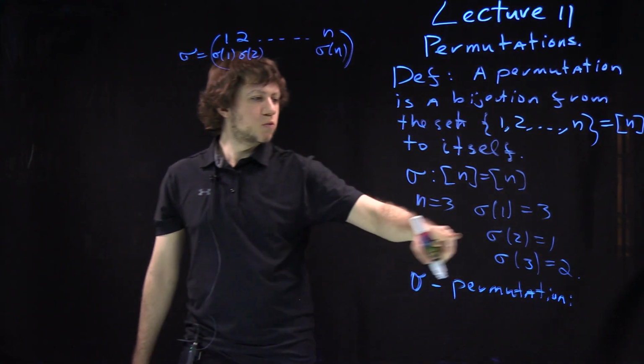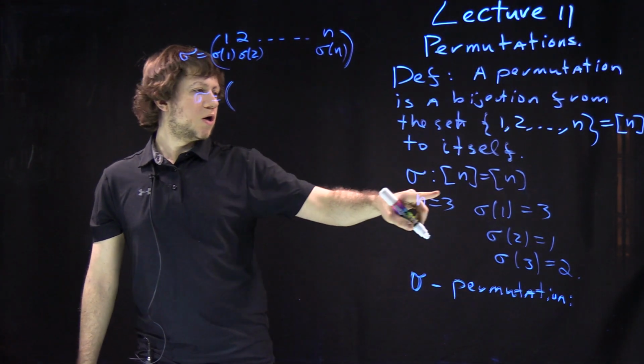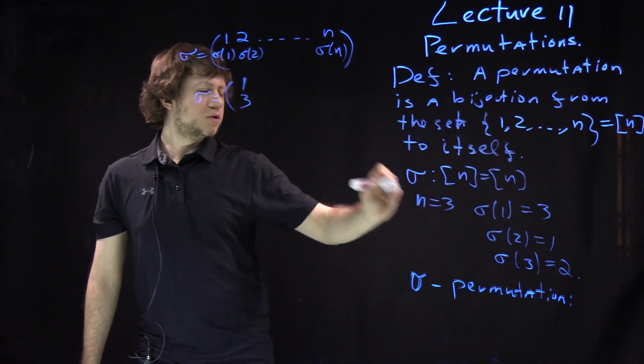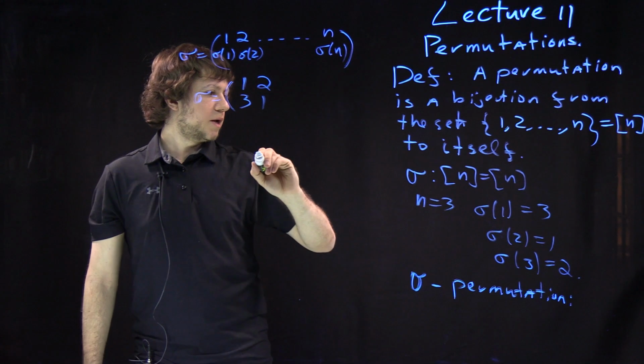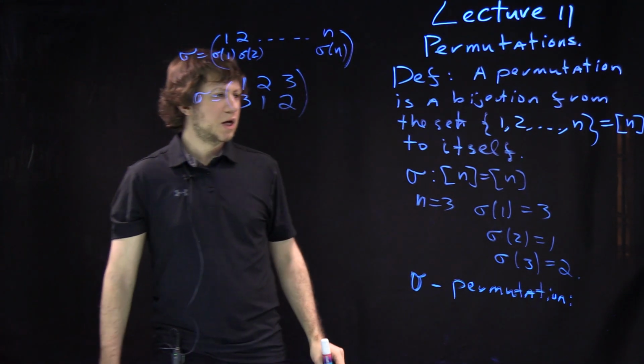So for instance, this one was just sigma equals 1 goes to 3, 2 goes to 1, and 3 goes to 2. That's an example.